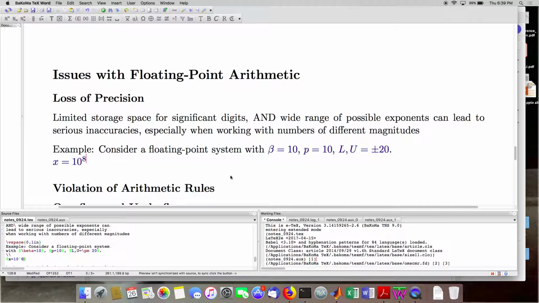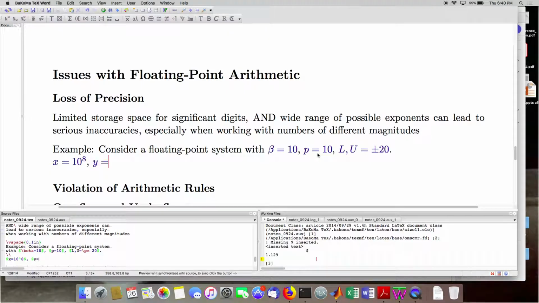This is a number that's closer to the upper limit, because we can only go as high as 10 to the 10 for the exponent part. We can actually go as high as slightly less than 10 to the 11th, because in decimal the largest possible mantissa would be 9.99999, so slightly less than 10.